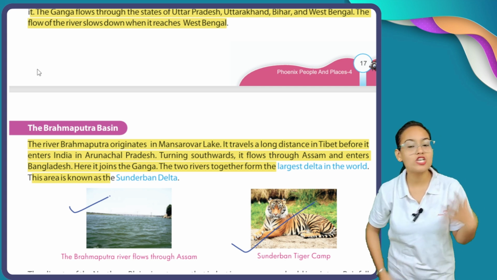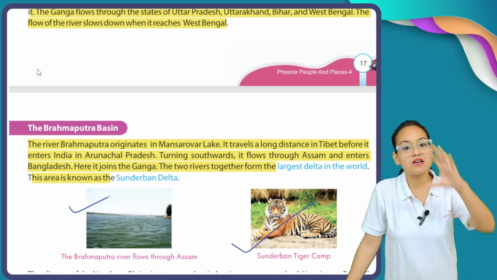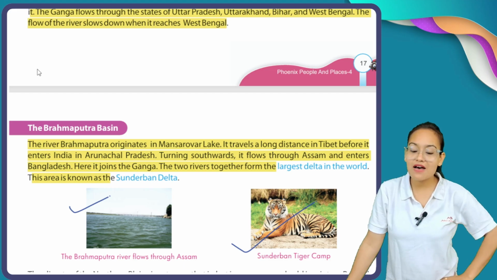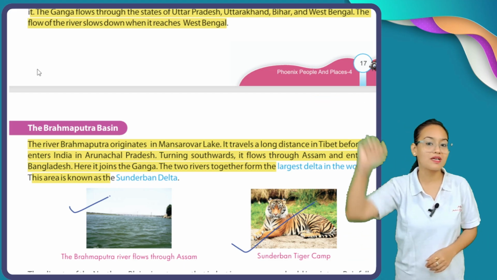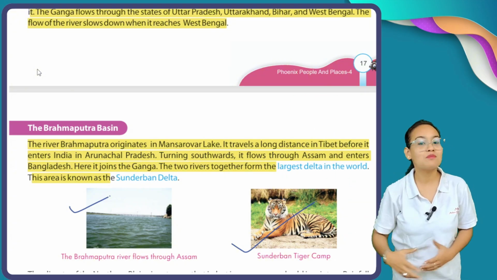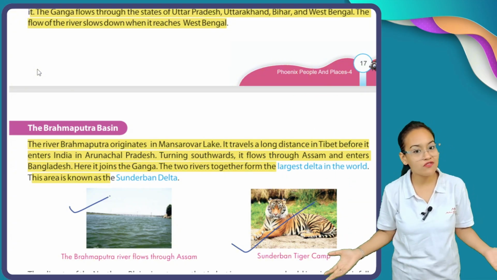So a major portion of the Satluj basin covers the Pakistan area. The Brahmaputra basin originates from Mansarovar Lake in Tibet, and Tibet is not part of India.